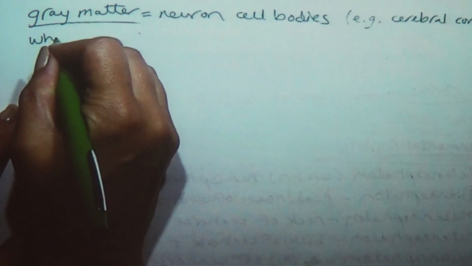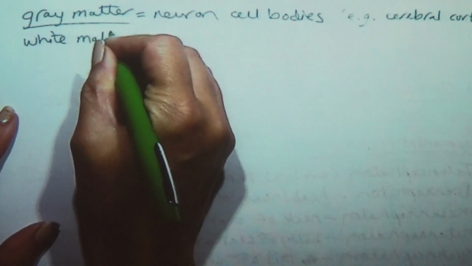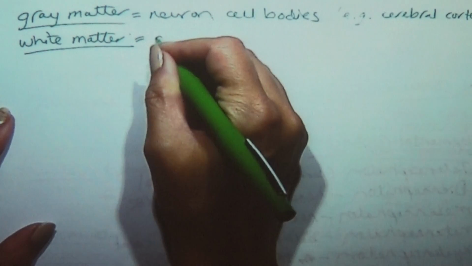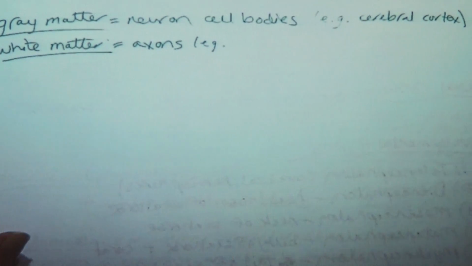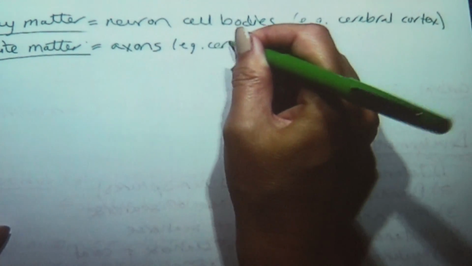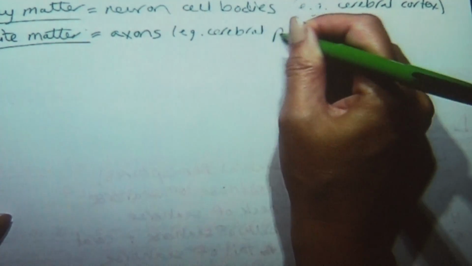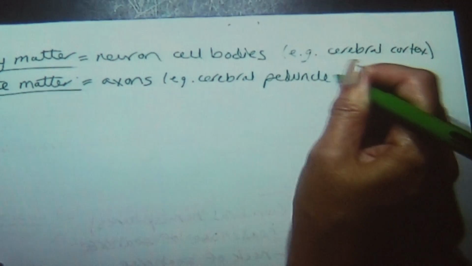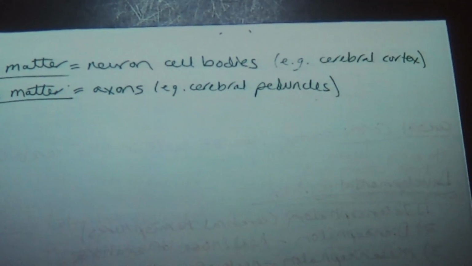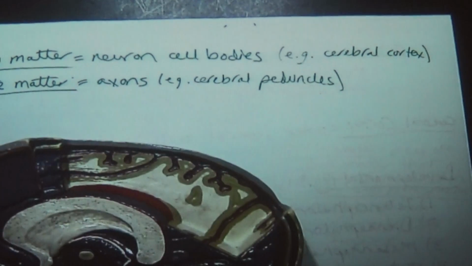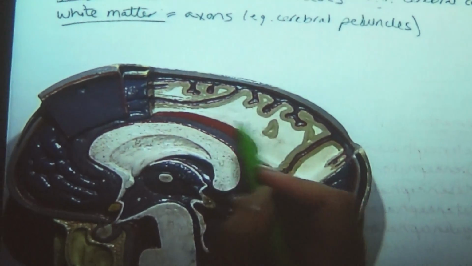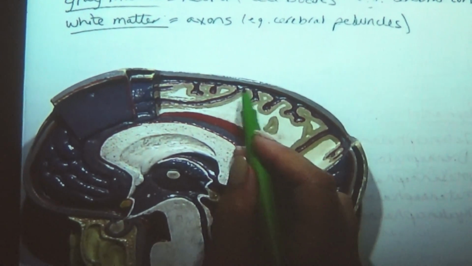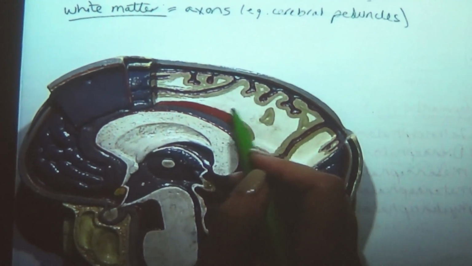And white matter is where you have axons. So, for example, the cerebral peduncles. So you saw the cerebral cortex, it was kind of a darker color here. And then down here, this is white, that's axons. So the cerebral cortex is the gray matter with the cell bodies, and then the white underneath it are the axons.